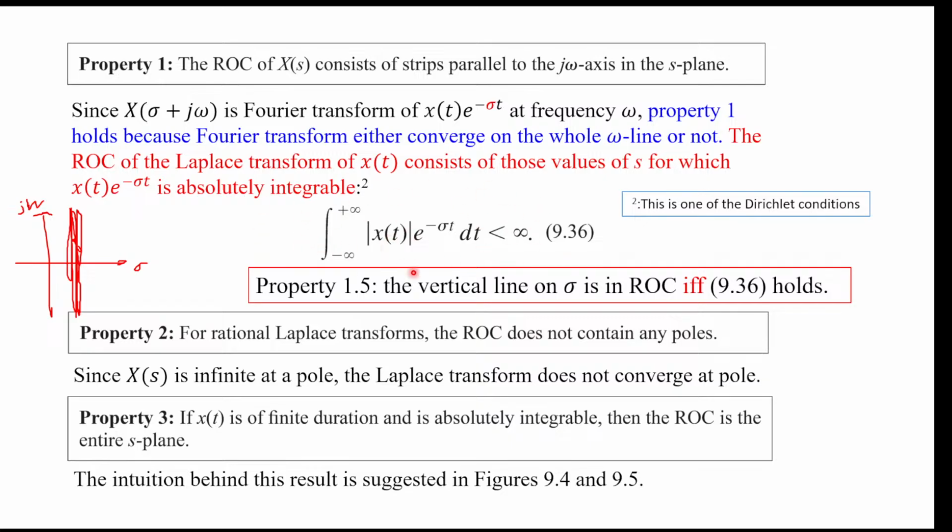And we have said that this is kind of a shaky derivation, but we think this is true. So if we take sigma equal to 0, then it says that the j omega axis is inside the ROC if and only if this x of t is absolutely integrable. Everyone okay with this reasoning?